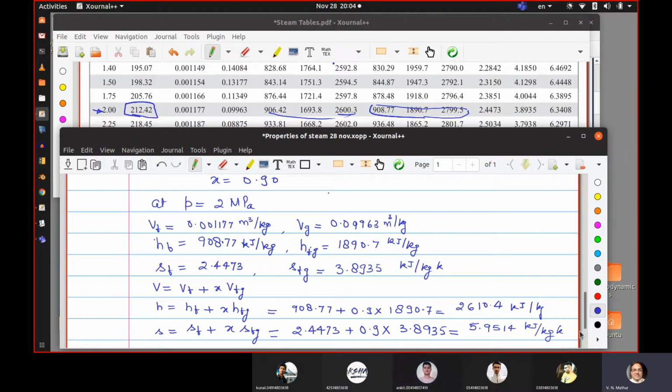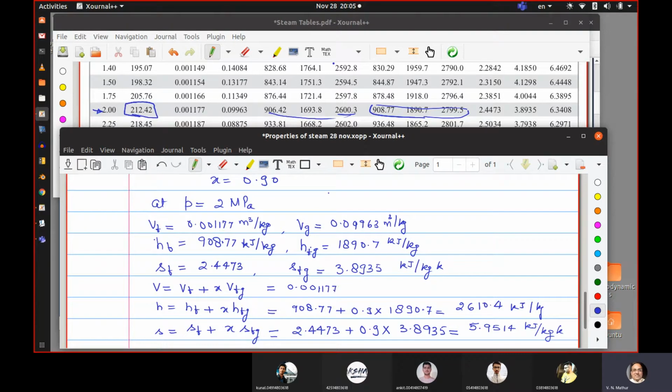We skipped something. We skipped the volume. For volume, you can use the same formula, but if you look at the values of Vf in comparison to Vg, it's very small.